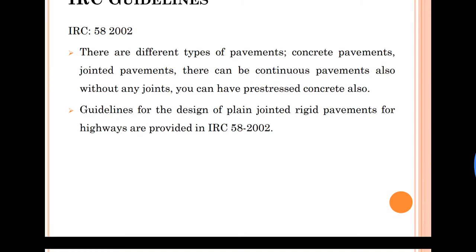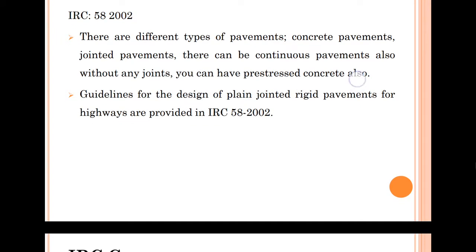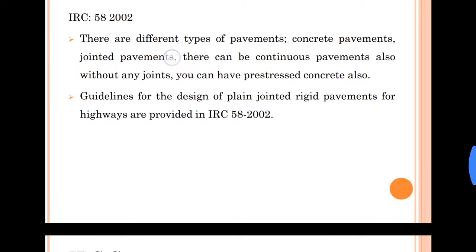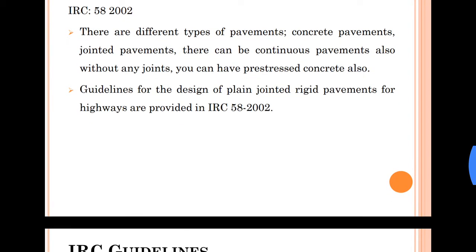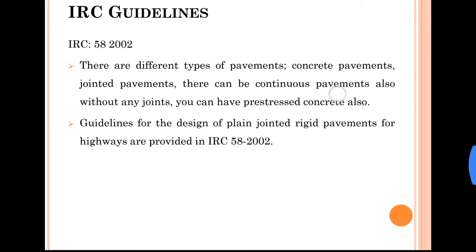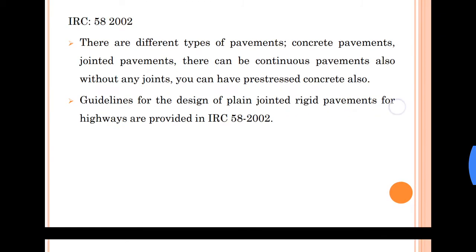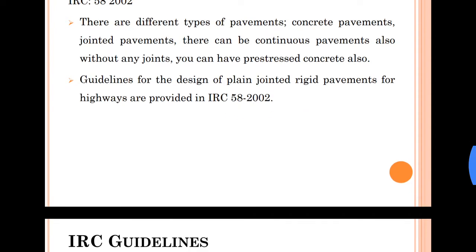There can be continuous pavements also without any joints, and you can have reinforced or plain concrete, and you can also have pre-stressed concrete. Guidelines for design of plain jointed rigid pavements for highways are provided in IRC 58 2002.